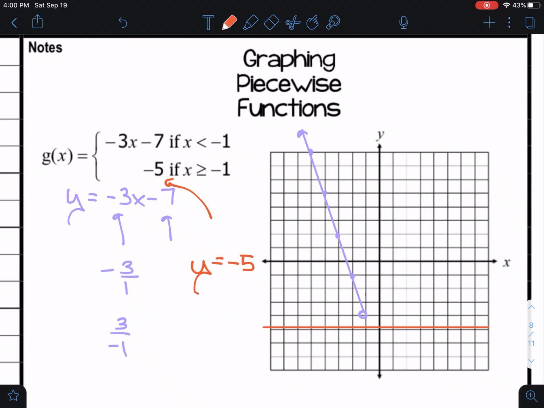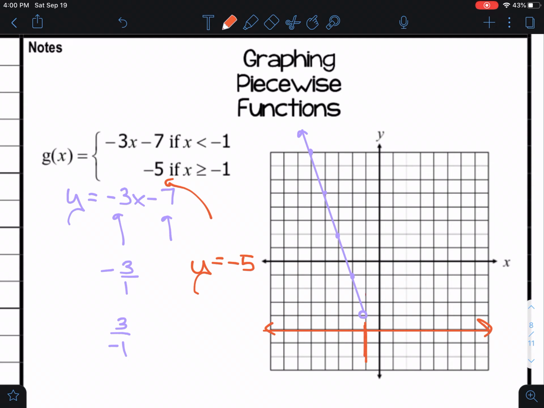I'll maybe try that again. That didn't. Okay, a little bit better. Now, this graph, it says I want to keep when x is greater than or equal to negative 1. So again, it crosses negative 1 is right here.